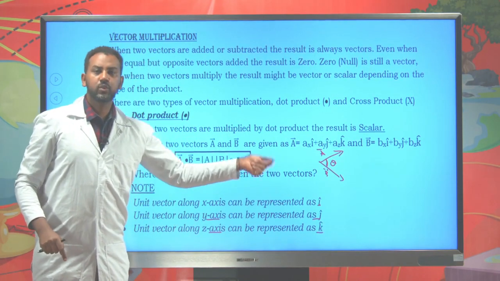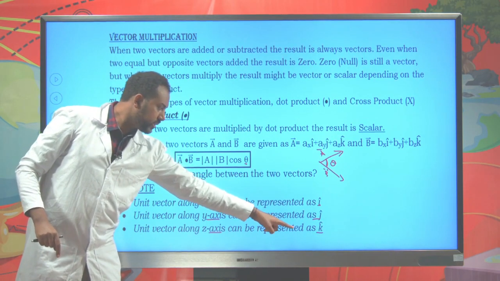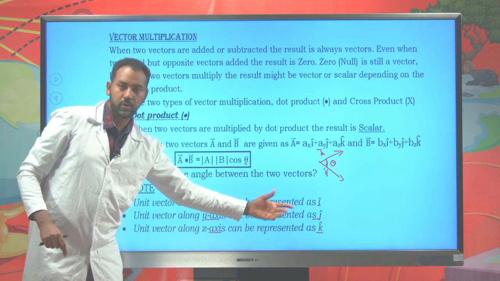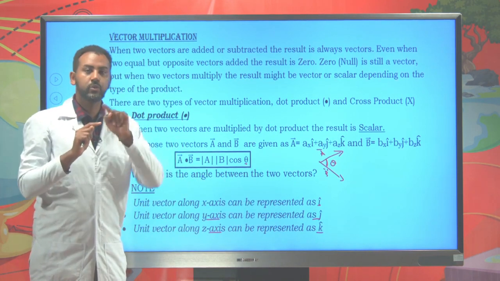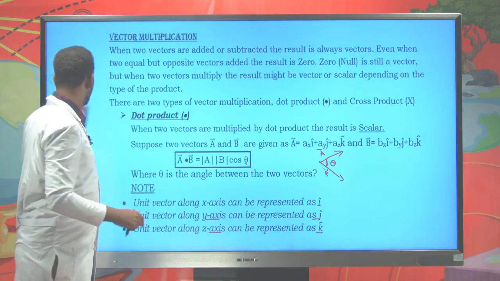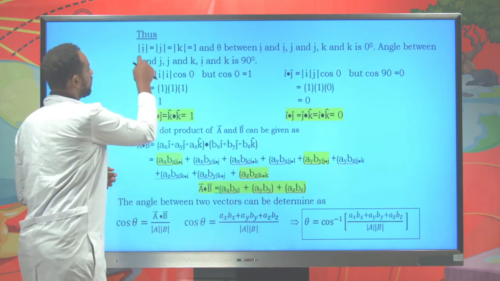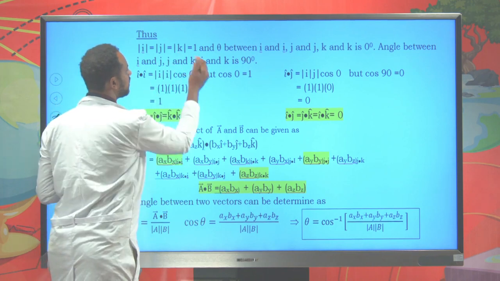Suppose we take i dotted with j, i dotted with k, j dotted with k, or itself, i dotted with i, j dotted with j, k dotted with k. Here we have i, j, and k. All of their magnitudes are unity.